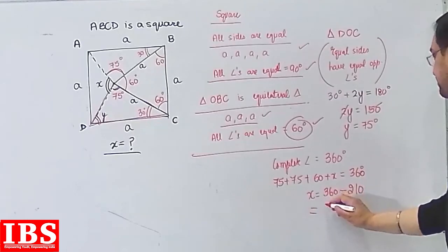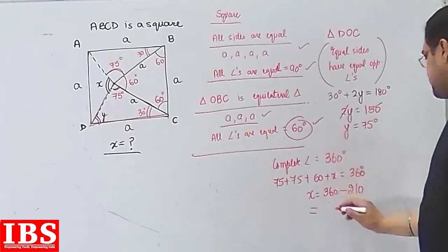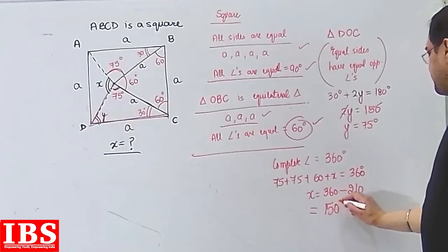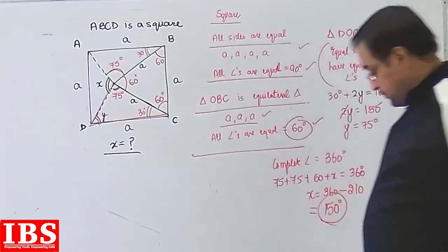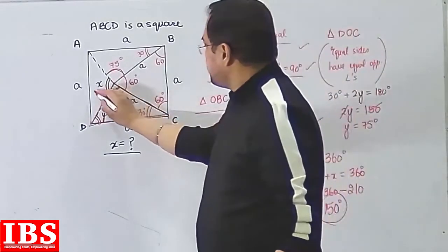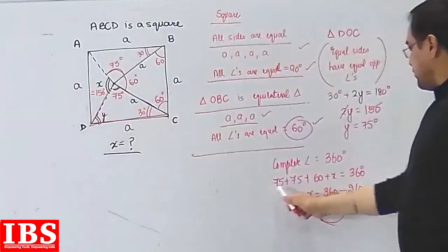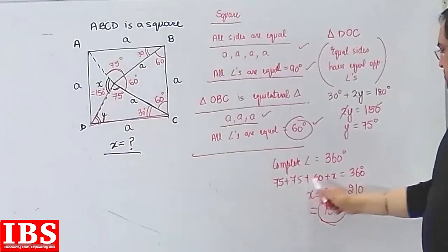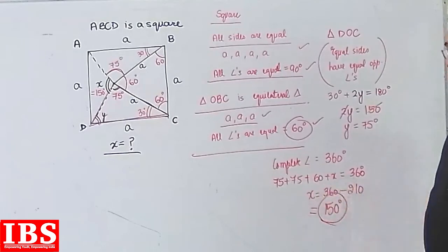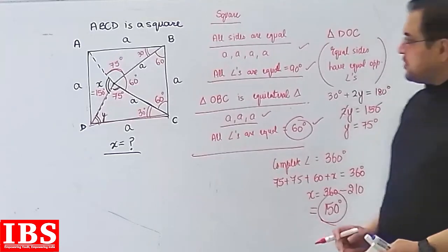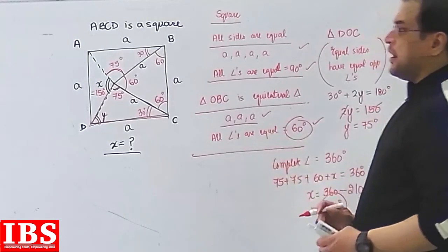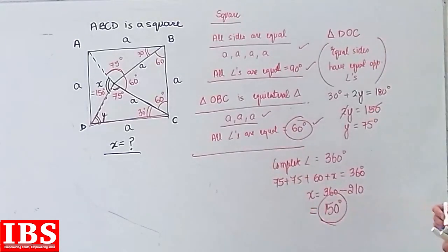That comes out to be 150. Okay. So this angle here will be equal to 150 degrees. If we subtract 210 from 360, this comes out to 150 degrees. So the x angle will be equal to 150 degrees, students. Okay. All right. Thank you.